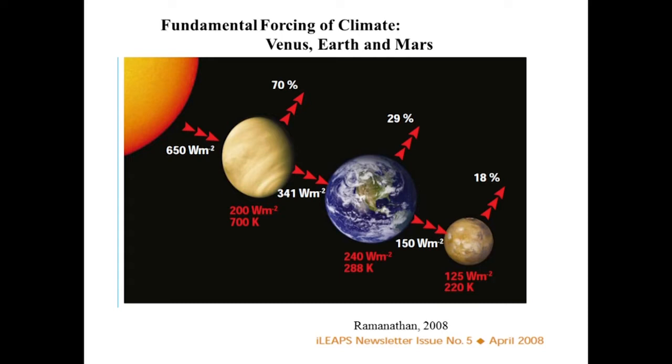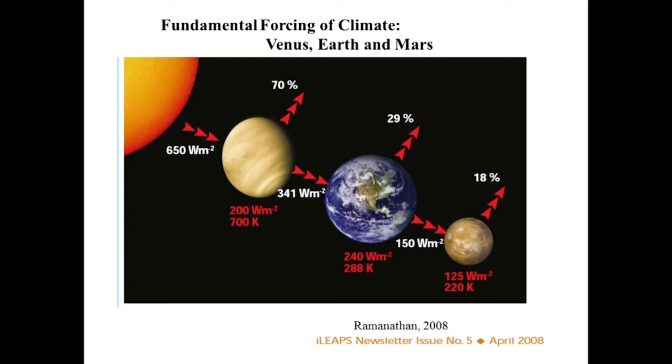What I'm showing here on the right is how much solar energy each planet receives at the top of the atmosphere. Just focusing on the Earth, it is about 340 watts per square meter of the Earth's surface. The albedo, or the percent of energy reflected, is shown there, which is 29%.